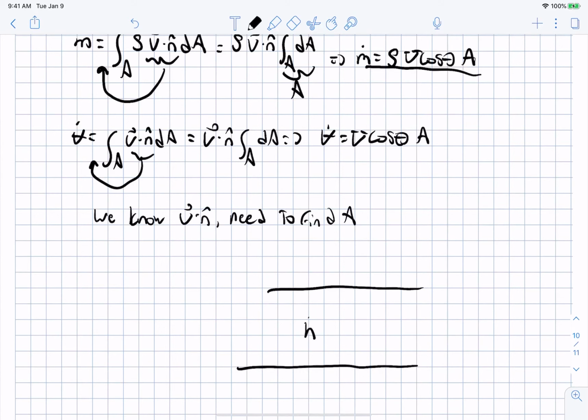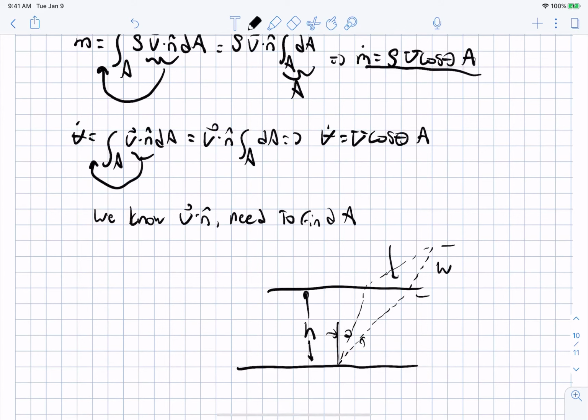So we have this height here is h, and the surface makes an angle theta with respect to the horizontal, and then it's perfectly planar. And it has width W.